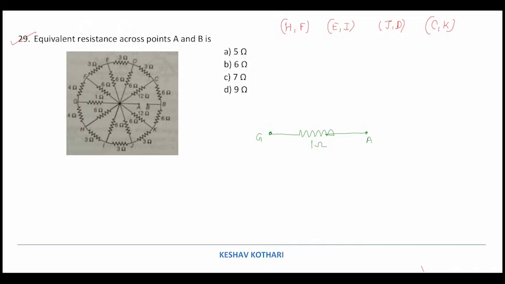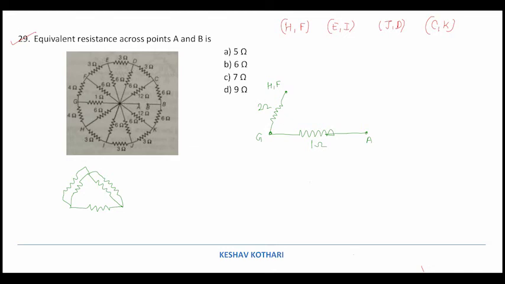Now this point over here we are considering both as H and F. So this 4 ohm and this 4 ohm are in parallel with each other, and they will give us an effective value of 2 ohm. If I had drawn it by overlapping the two nodes, I would have drawn it this way, and this 6 ohm I would have overlapped with the other 6 ohm resistance like this.